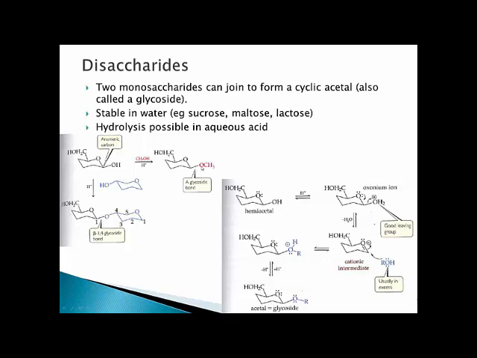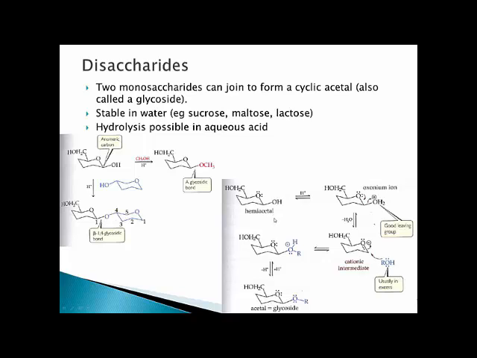This bond here is a glycosidic bond, and we can name that glycosidic bond. Here, this one is in the equatorial position, so it's a beta. In the axial position, it would be an alpha. So in the equatorial position, it's a beta, and it's between carbon 1 and 4. So it's a beta 1,4 glycosidic bond.